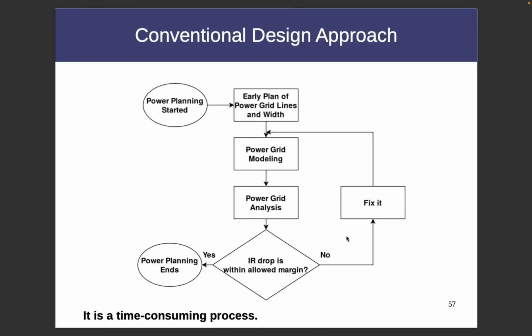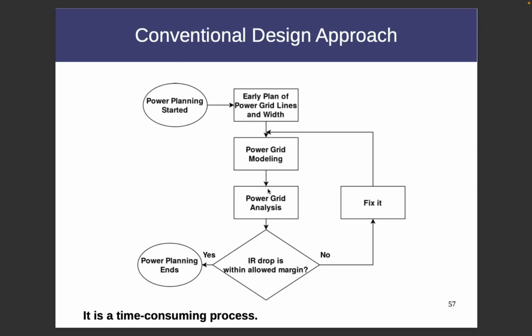So how does this power grid planning process start? Initially some power grid lines and widths are planned accordingly. From those power grid design plans, we do some kind of extraction, and we can do power grid modeling, like RLC modeling or only resistive modeling.